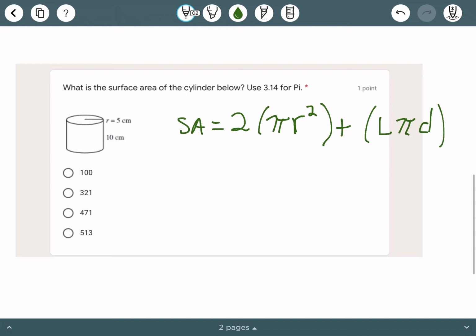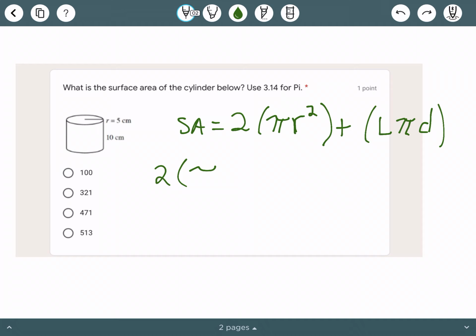All right. For the last question here, we are finding the surface area of a cylinder. For the surface area, our formula looks a little complex, but really all we need to do is some plugging in. So it's going to be 2 times pi.